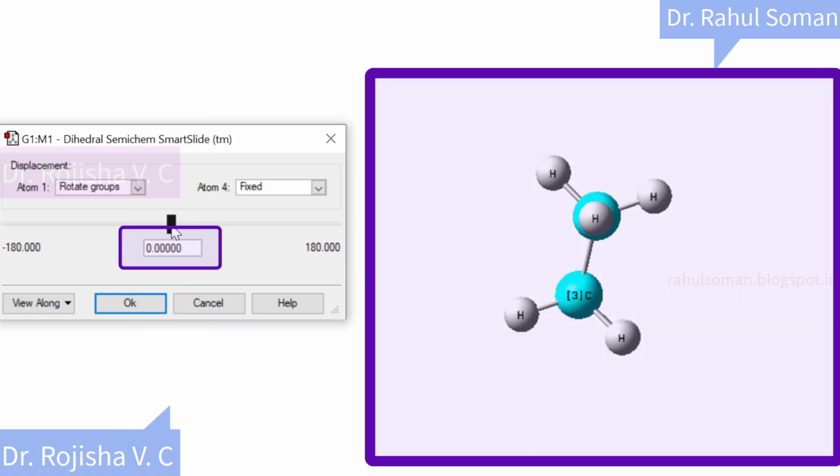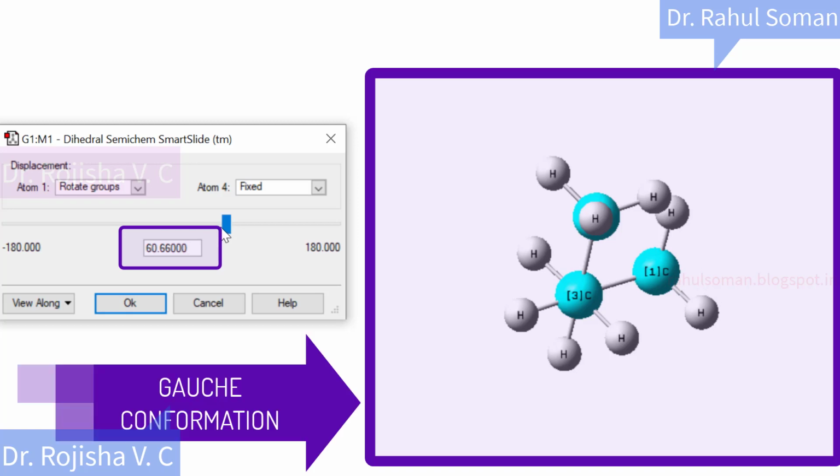And whenever we rotate this by 60 degrees, the CH3 is now in a gauche conformation. This is a staggered conformation, and if the CH3 groups are side by side, that is called the gauche conformation.